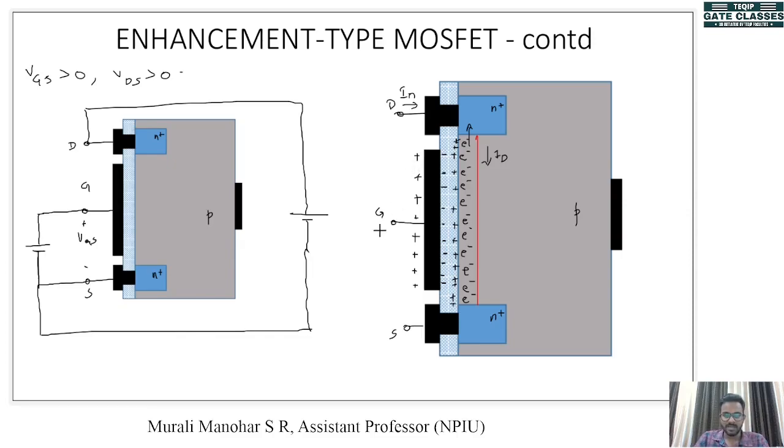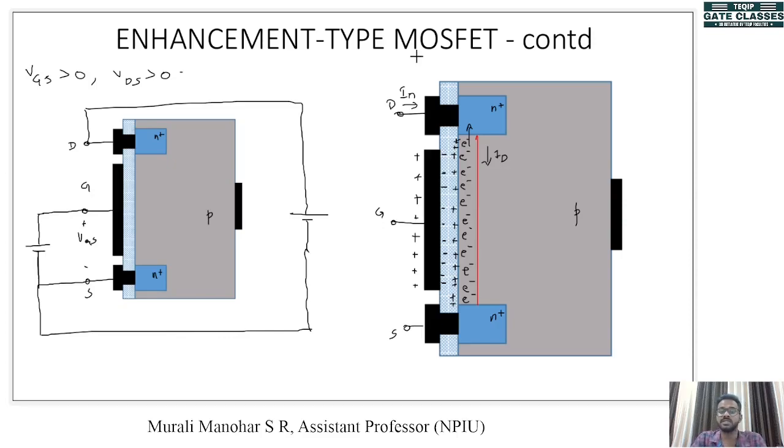Now let's say we have kept VGS at a constant and we are increasing VDS. What happens here? The same thing that happened in JFET. That is, if we hold VGS constant and increase the level of VDS, drain current will eventually reach a saturation level, just like that happened in a JFET. Okay, so if we increase VGS, the story is different.